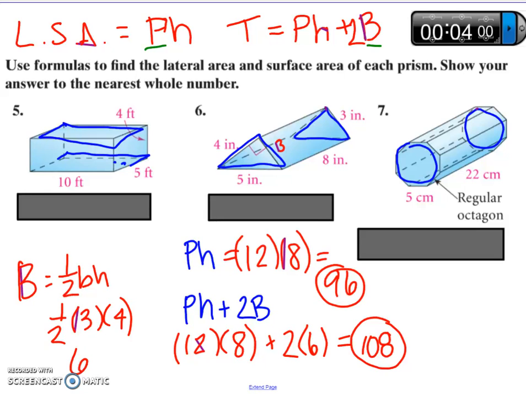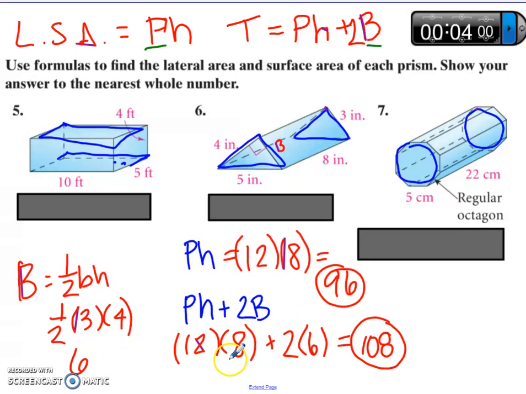For the perimeter, this 3 back here also goes up here because those are opposite sides of the same rectangle. So then the perimeter would be 3 plus 5. And then the height of the prism is 8. The height's always the distance between the bases. So I had 12 times 8 is 96.